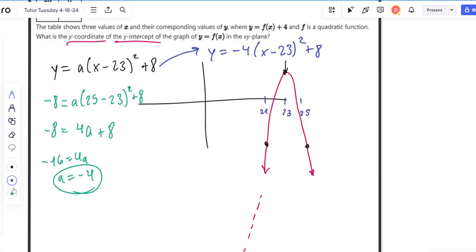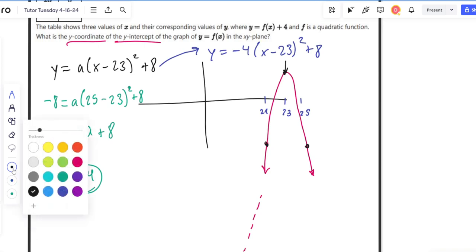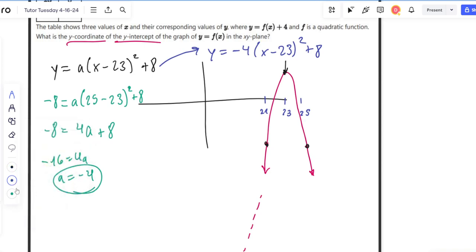So to find the y-intercept, we would just need to substitute in x equals 0. Y equals negative 4 times 0 minus 23 squared plus 8.